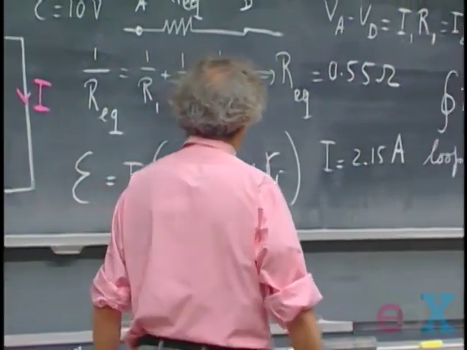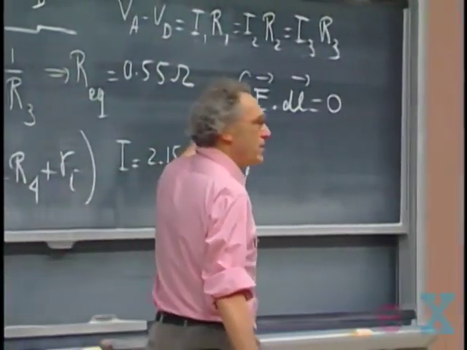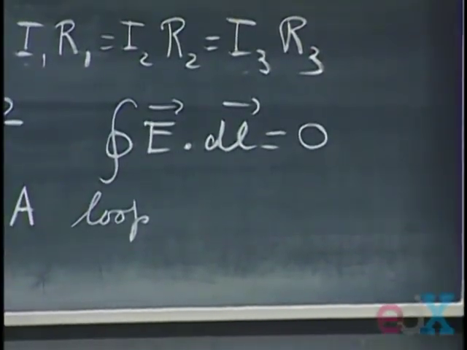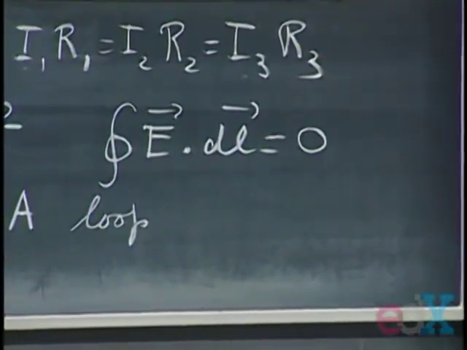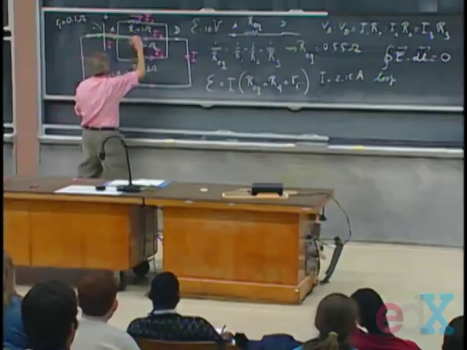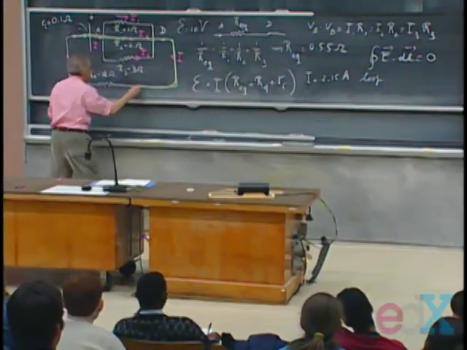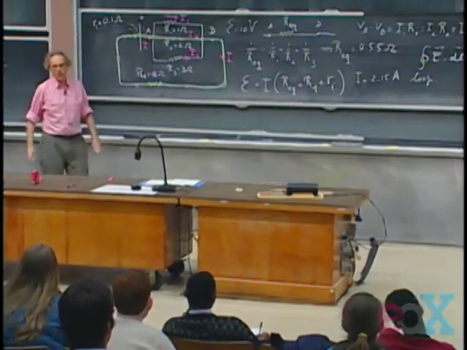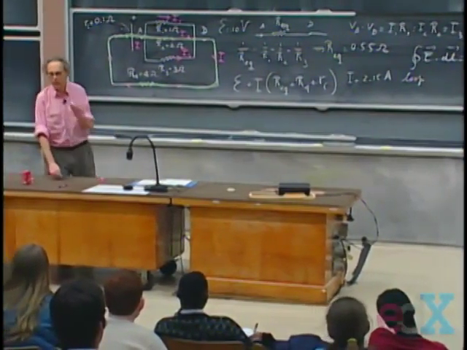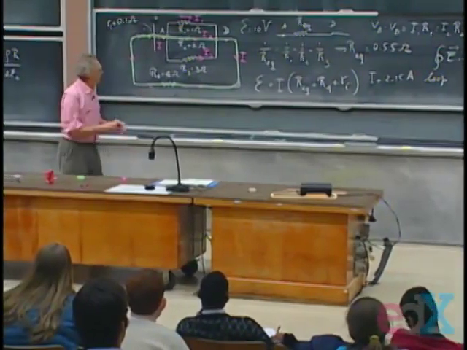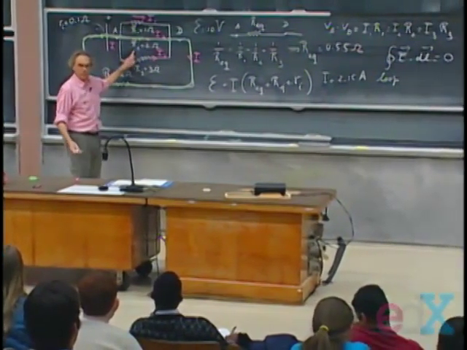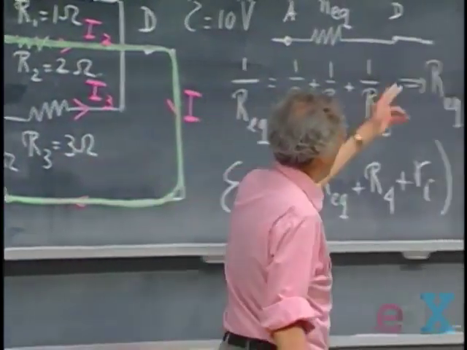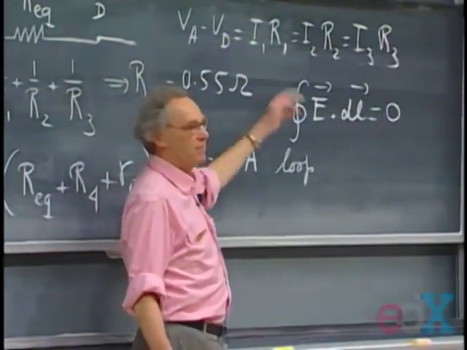I don't know why Kirchhoff got the credit for this. This was long known before him, but nevertheless it's called Kirchhoff's first rule. So I go a closed path, and this is the closed path that I have decided to take. And that closed loop integral E dot dl must be zero. Any other path would also be zero. I chose the one through R2, because my goal is to find I2. Once I have I2, I1 and I3 follow immediately from this.